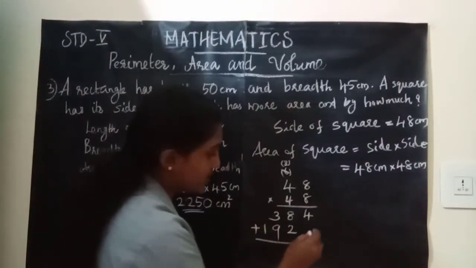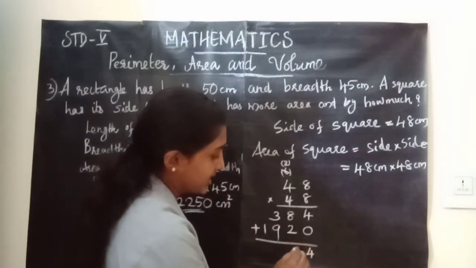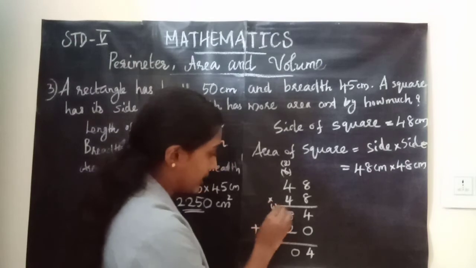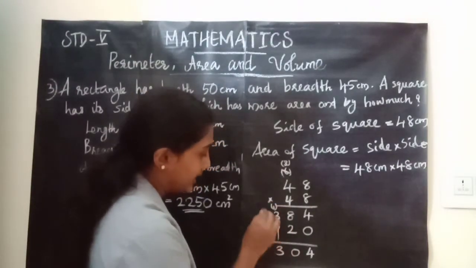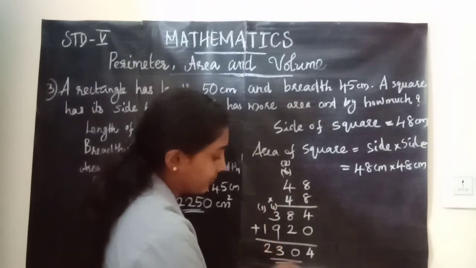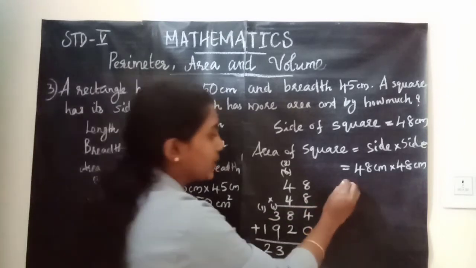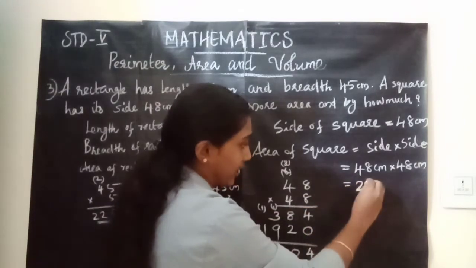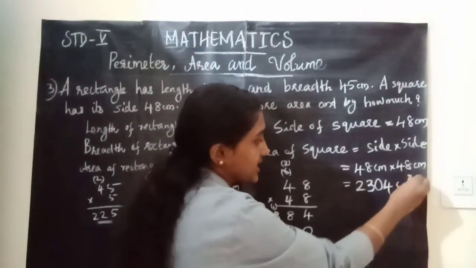And making the addition here, it's 4 plus 0, 4. 8 plus 2, it's 10 here. 1 is carried, 1 plus 3, 4. 4 plus 9, 13 here. 1 is carried, 1 plus 1, it's 2. So here 48 into 48 centimeter, we get the answer as 2304 centimeter square.